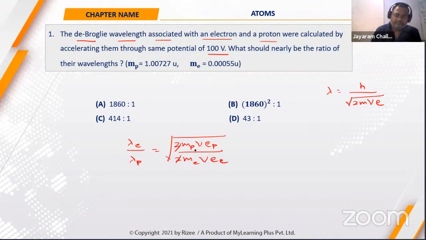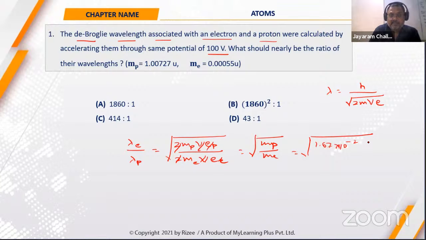Now, obviously all the terms will be cancelled. The leftover term is going to be the mass of the proton by mass of the electron. The mass of the proton is 1.67 into 10 to the power of minus 27 kg by 9.1 into 10 to the power of minus 31 kg.